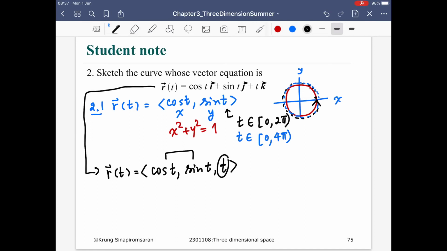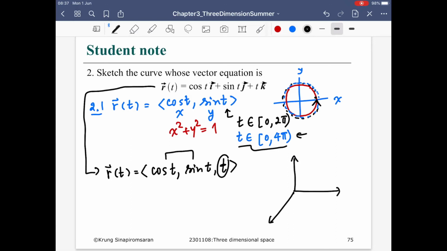For example, if you talk about a circle going around two rounds, you get two circles on top of each other like this. But if you add this term t, then as t changes, your circle will elevate up as it travels along the unit circle.